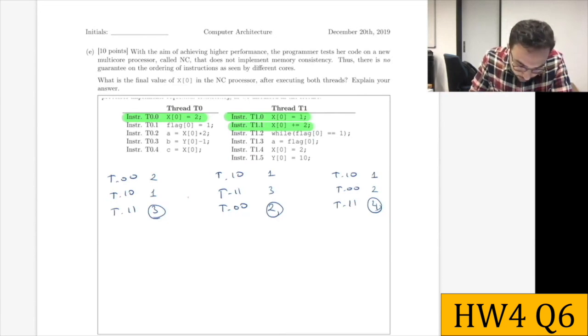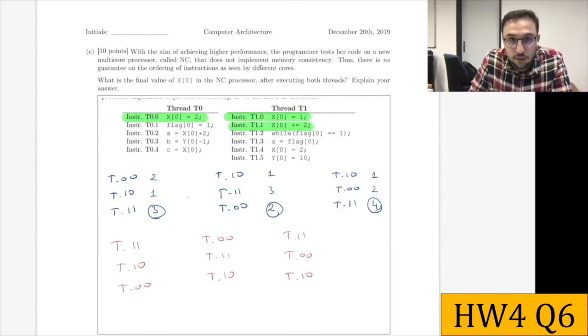Therefore, it implies T11, T10, T00; T00, T11, T10; and T11, T00, T10. Let's calculate what X0 gets in these three combinations.